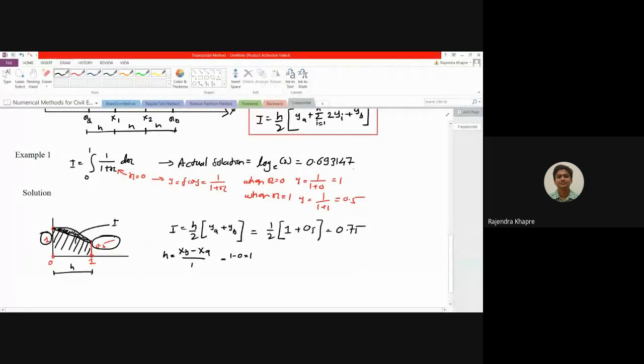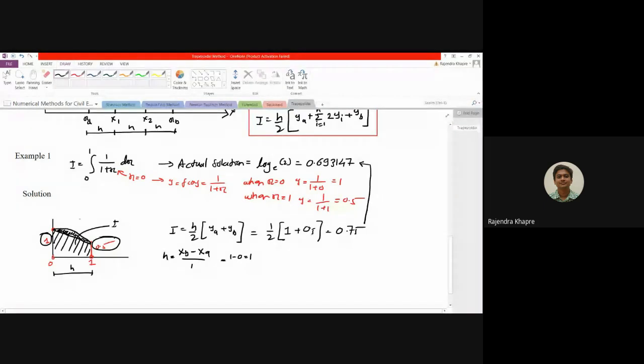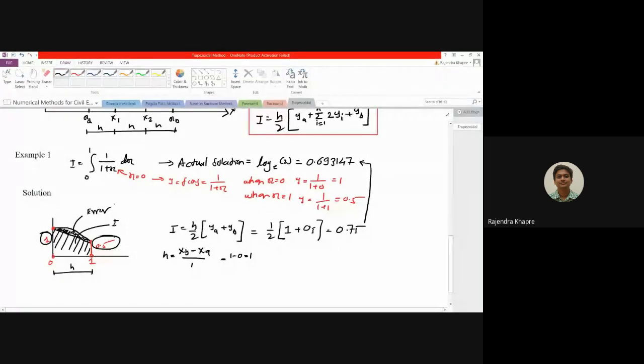Now if you refer to the actual solution, we are quite far away from the actual solution. So that's why you'll find this much of quantity. The portion which is shaded over here is nothing but error. To avoid this error, we have to go for more number of intervals in between a and b.